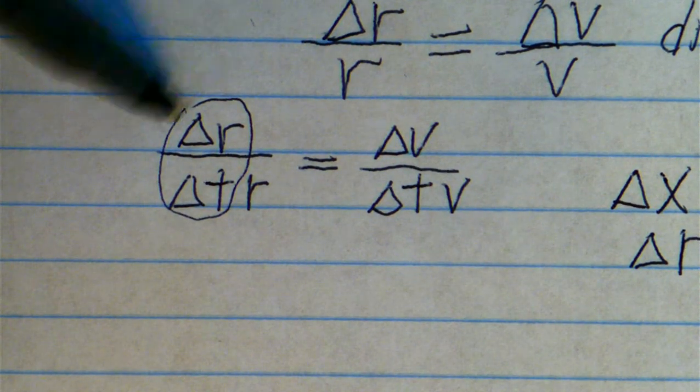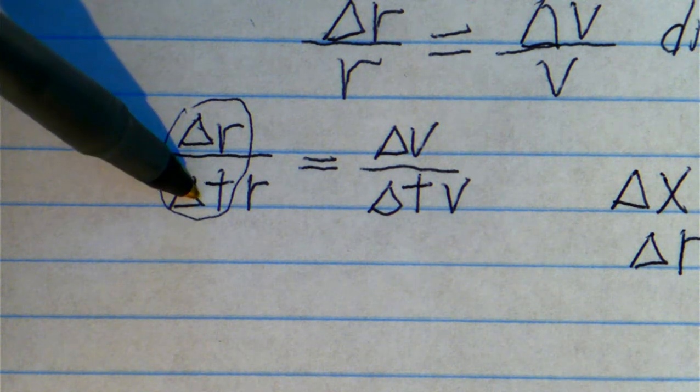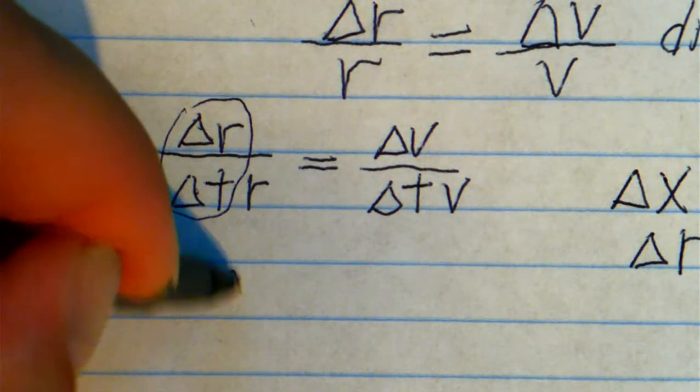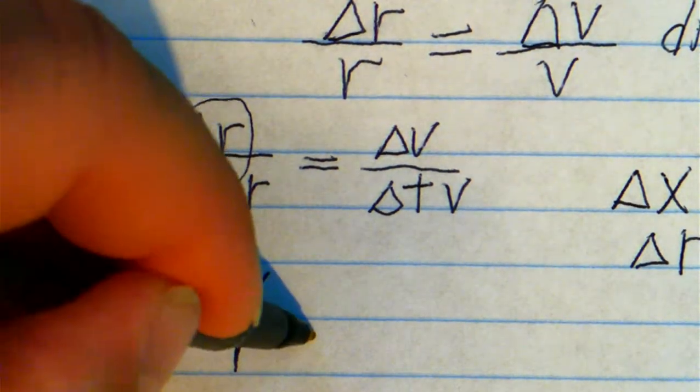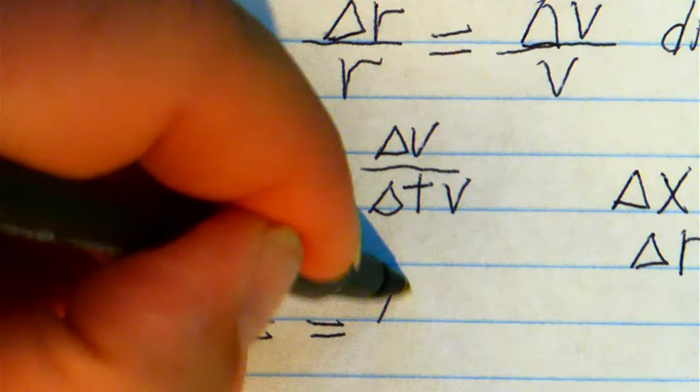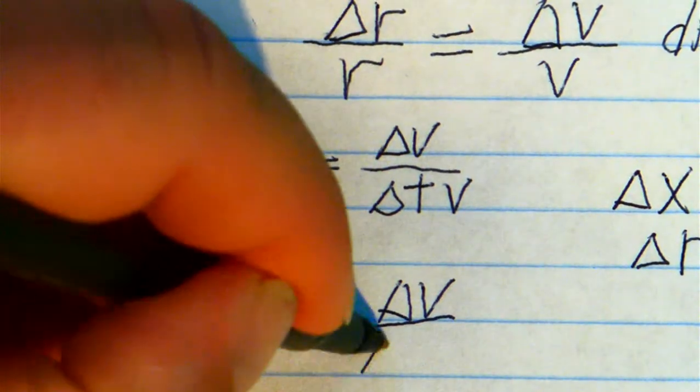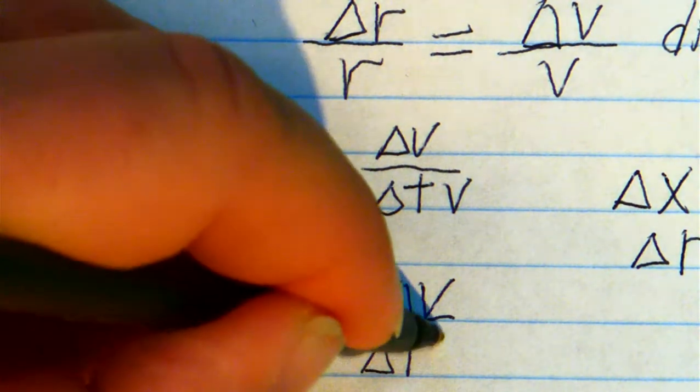So instead of writing delta r over delta t, I can just write v divided by r. And that's going to be equal to delta v divided by delta t divided by v.